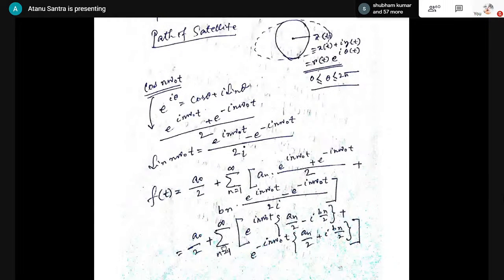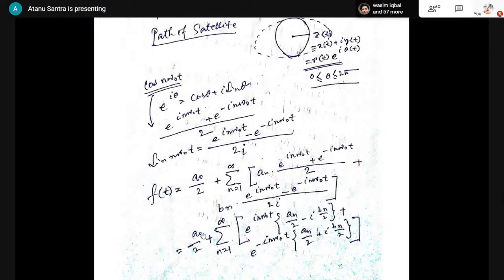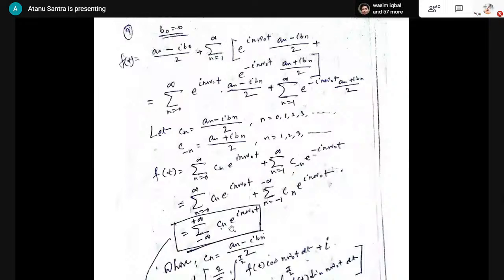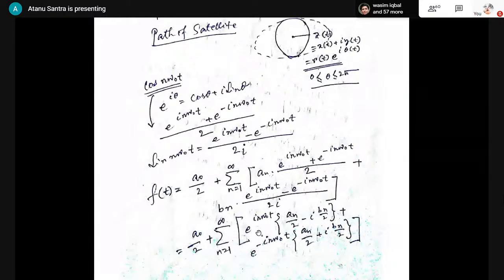Fine. So that would be a0 by 2 plus summation n is equal to 1 to infinity e to the power i n omega 0 t, that will be common, and we will get an by 2 minus i bn by 2 closing of second bracket plus this expression.